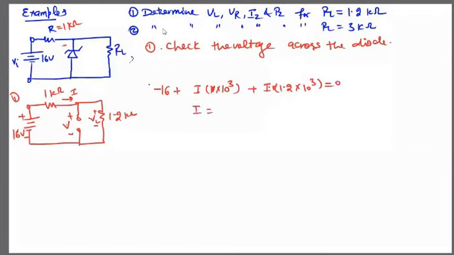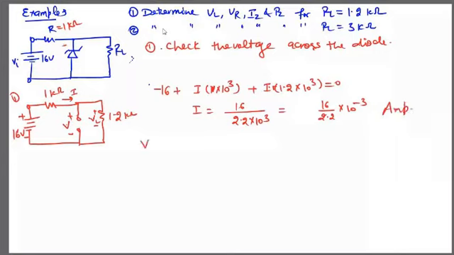So I equals 16 upon 2.2 into 10 raised to the power 3, which equals 16 by 2.2 into 10 raised to the power minus 3 ampere, that is 16 by 2.2 milliampere. Fine, this is the current. Now I'll calculate the value of V.